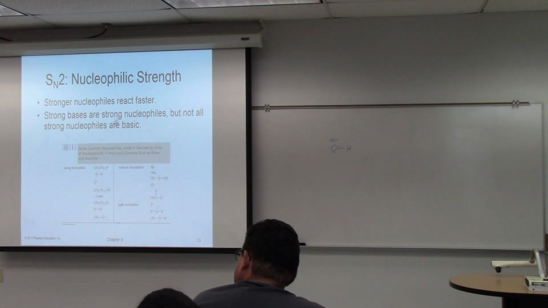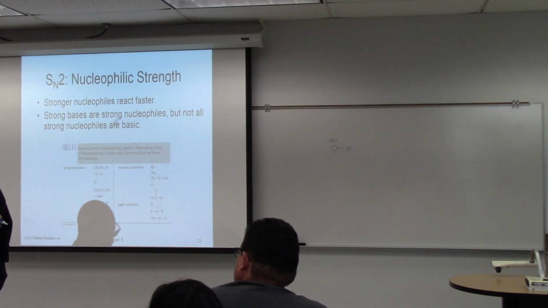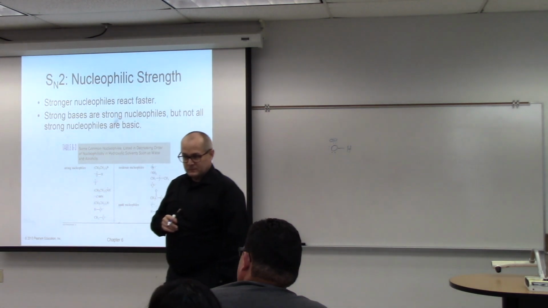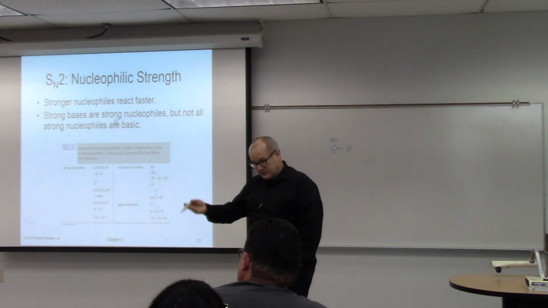What's an acid? Electron pair acceptor. What's a Bronsted acid? Proton donor. What's a Bronsted base? Okay. What's a nucleophile? It's an electron pair donor, right? What's it donating it to? To a Lewis acid, right?